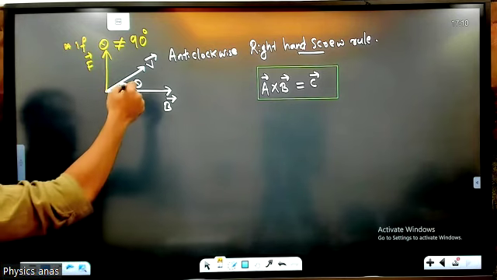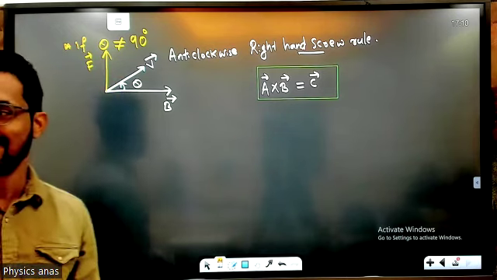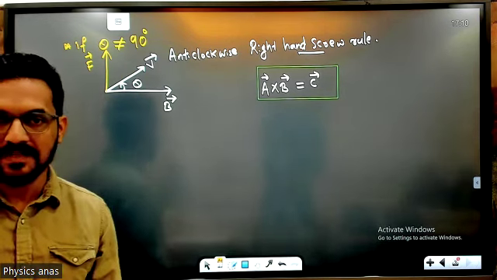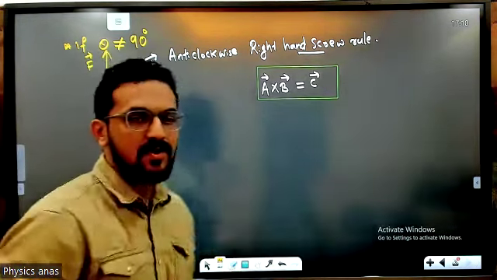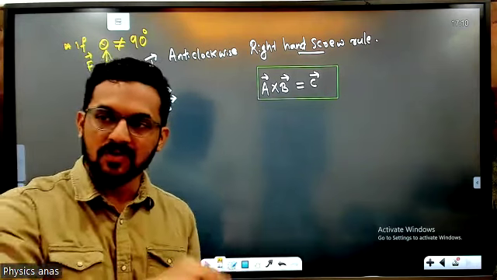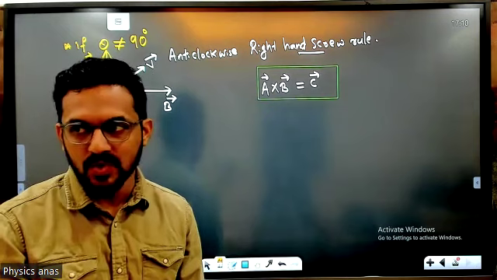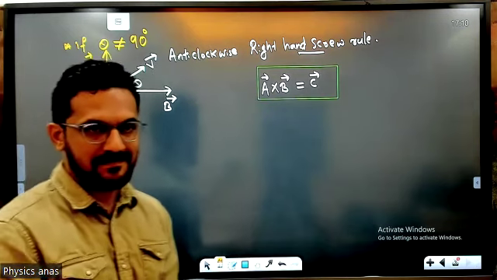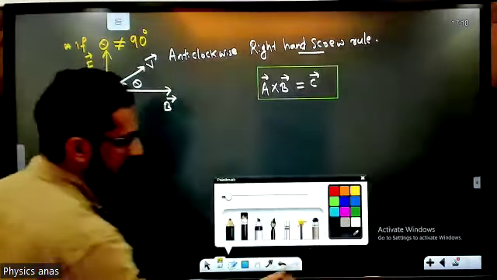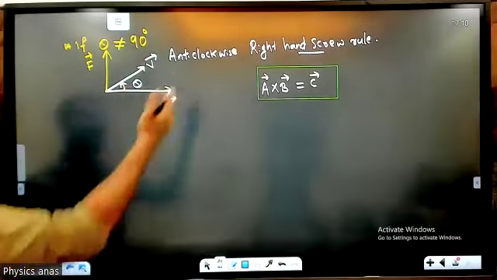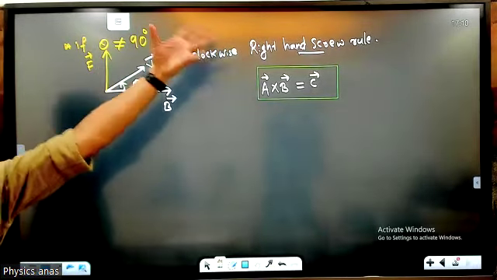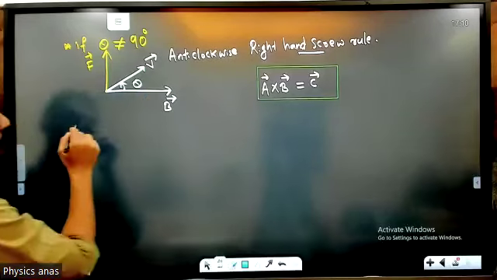This is V cross B, not B cross V. They are different. You know that A cross B is not equal to B cross A. A cross B is equal to C, B cross A is not equal to C, it will be minus. Right? So I will draw that second figure also. If it is anti-clockwise, the force will be acting outwards.